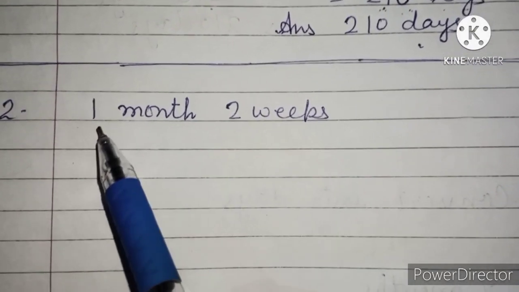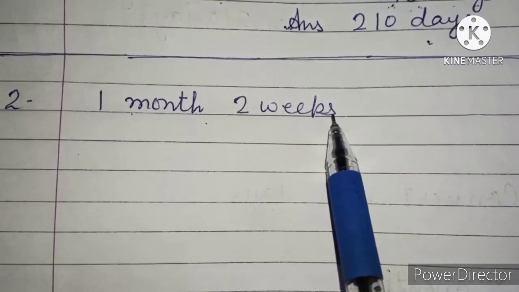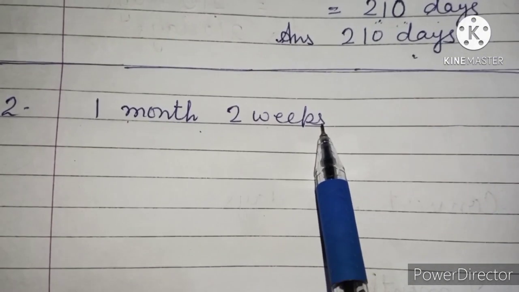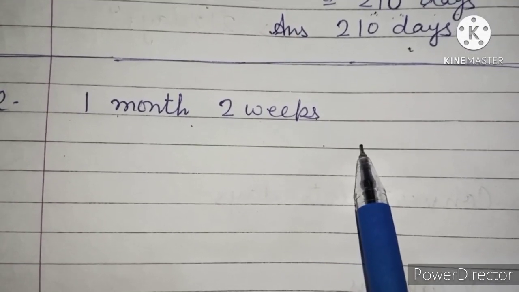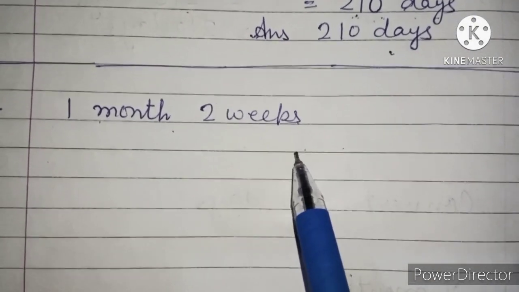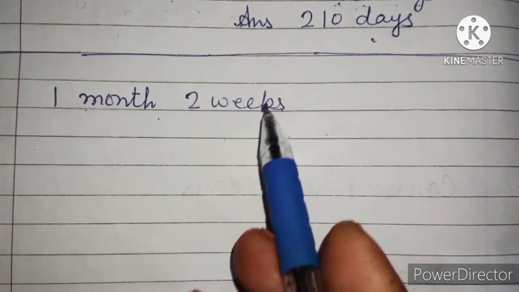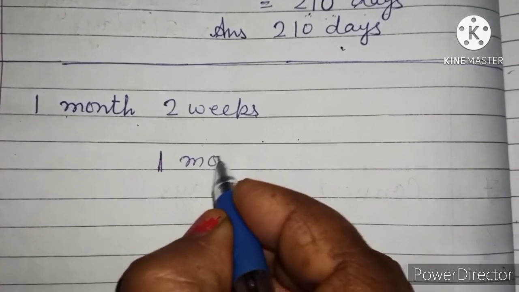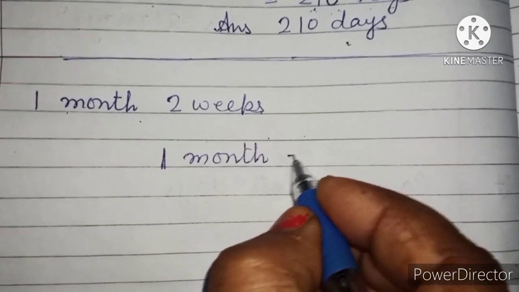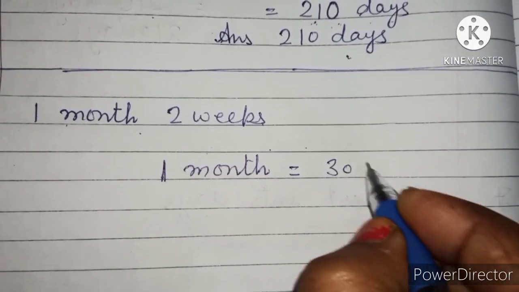Now next question is 1 month 2 weeks. Children, we will do this question as I have explained to you. In this also, we will first write the formula. Formula is 1 month is equal to 30 days.